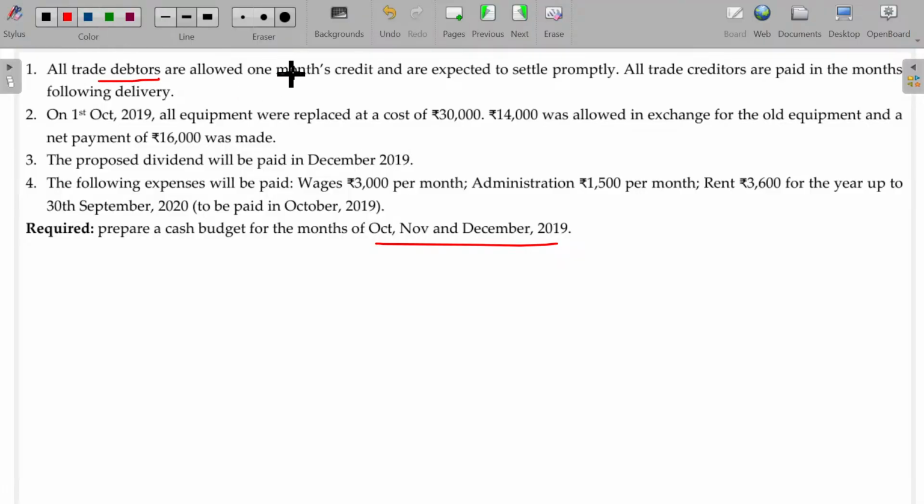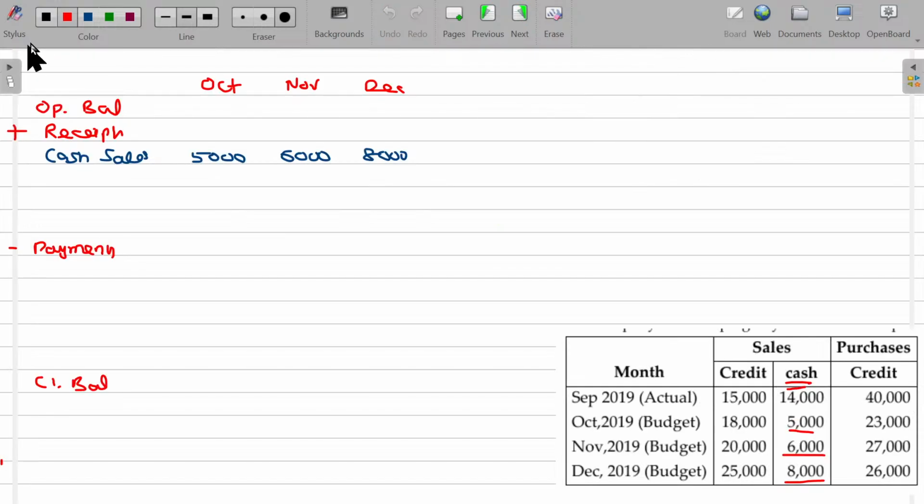All trade debtors are allowed 1 month's credit and expected to settle promptly. There is no bad debt. We'll get the amount collected promptly. All trade creditors are paid in the month following the delivery. So both will have 1 month credit. So then what happens here? Collection from debtors.